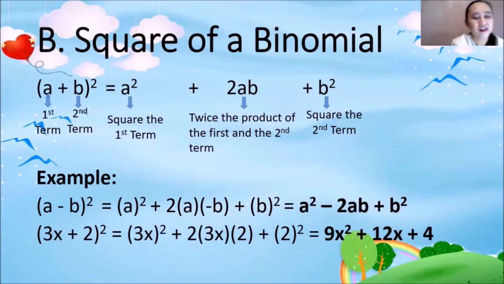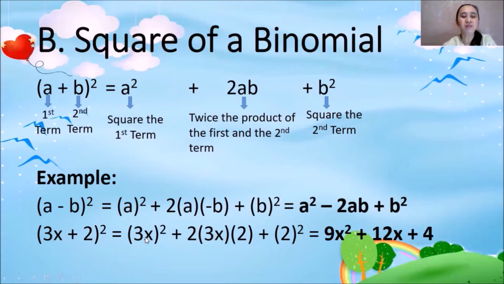Next, the quantity of 3x plus 2 squared. So it means from this, 3x squared, which is 3x times 3x, plus 3x times 2 twice, because we multiply it twice, plus square the last term, 2 times 2.